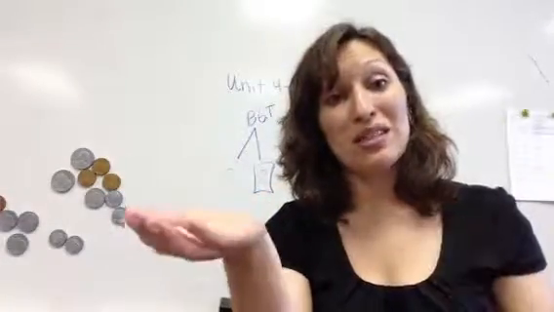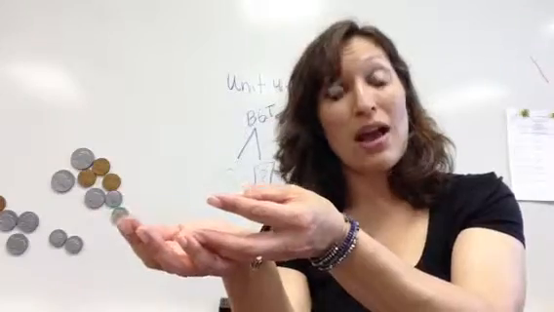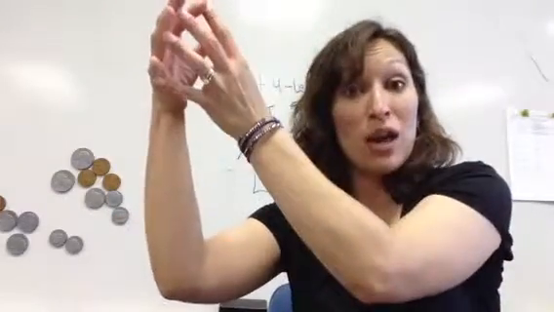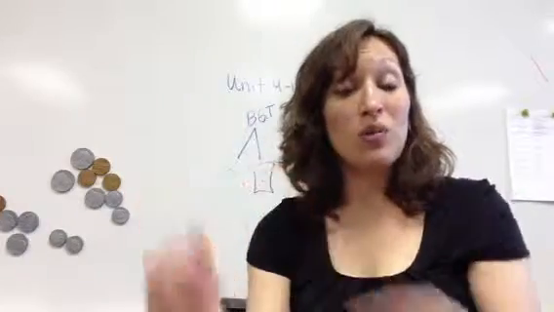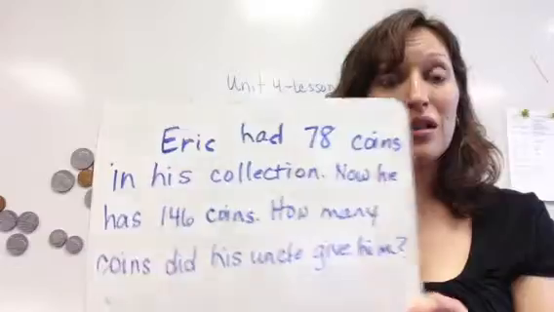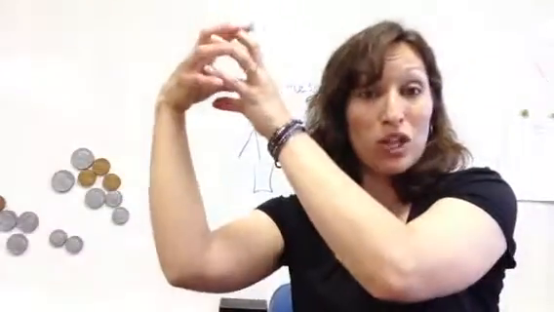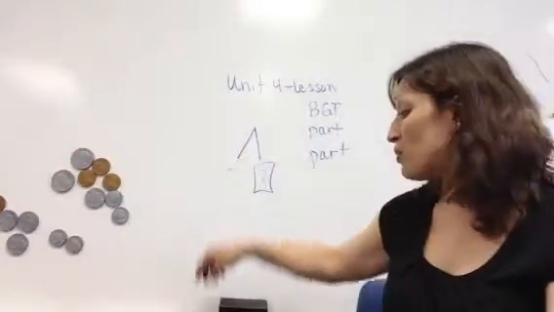If I'm putting some 78 with some more, and that gives me a new bigger number, then I know that the number that it gave me, the new number, was 146. So I know my new number is going to be 146. So I know 146 is my big guy total because it's the number that I ended with.